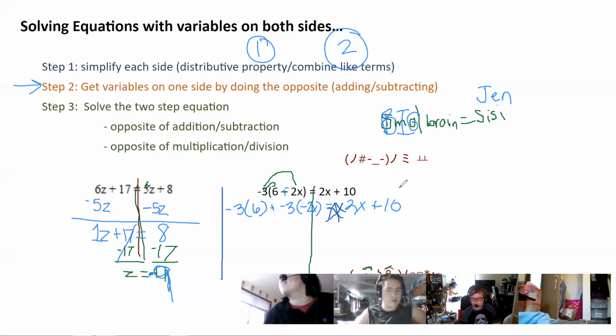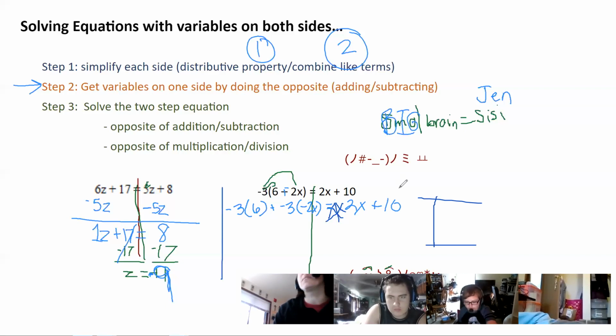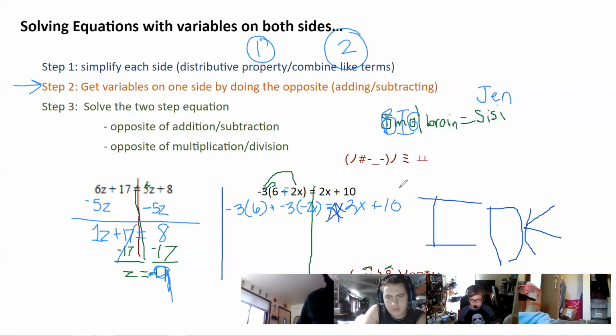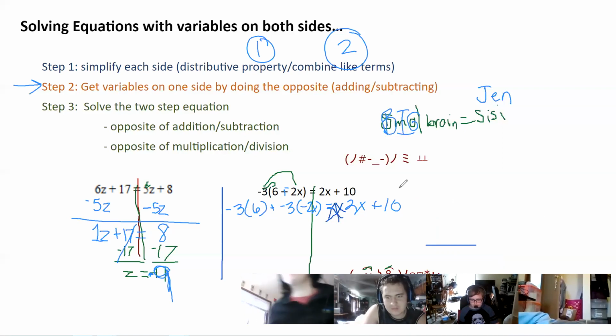When I simplify after I've distributed. What do you get on the left side? I love that you guys are taking bets. That's awesome. Oh, don't write IDK. No. So we did the distributive property.